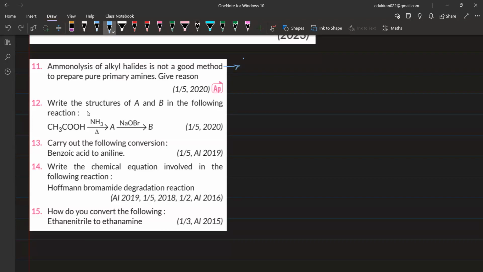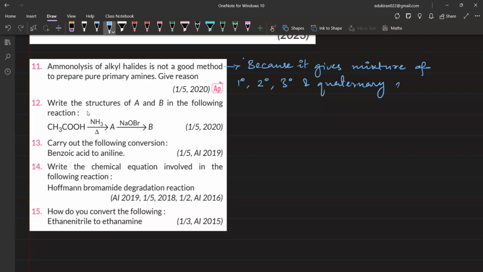Why? Because it gives a mixture of 1 degree, 2 degree, 3 degree, and quaternary ammonium salts.